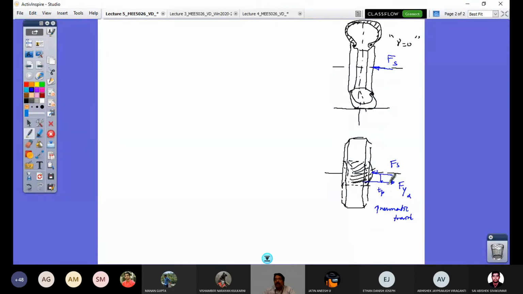So you understand that the side force acting at the center of this would be transferred down there. That process of transfer to the contact patch would manifest not only to develop this, but also to develop a couple against this, and that couple is the self-aligning torque, right? So we'll see.